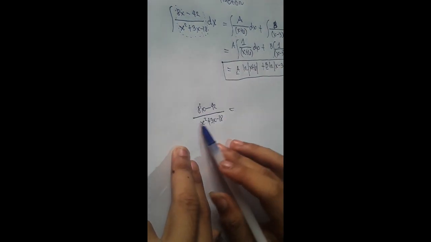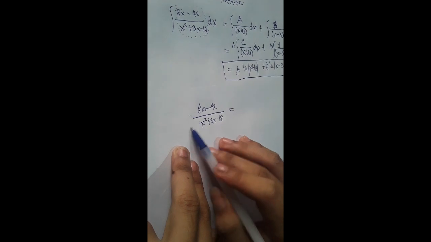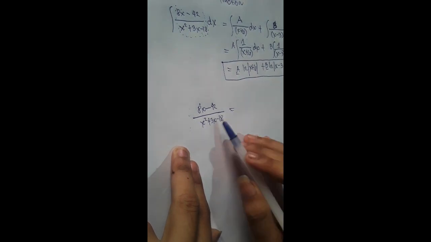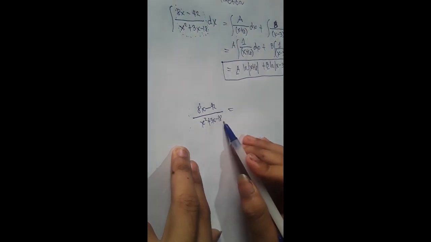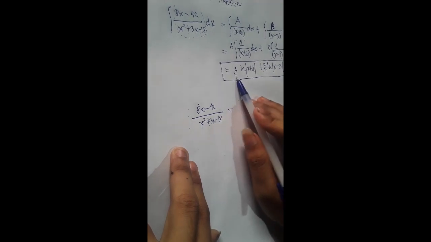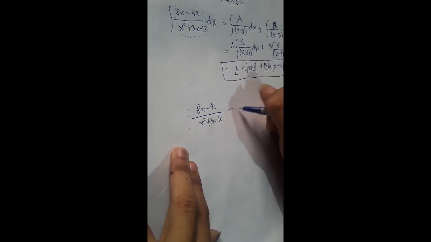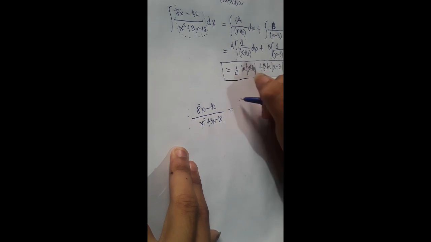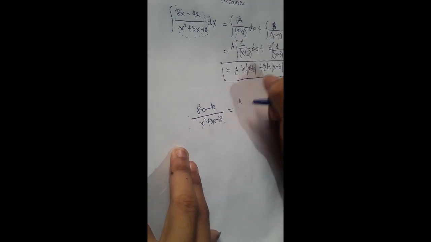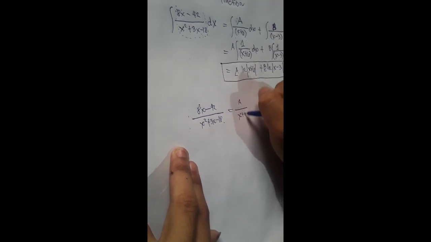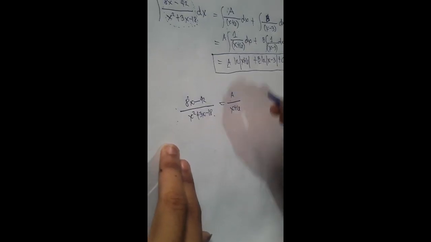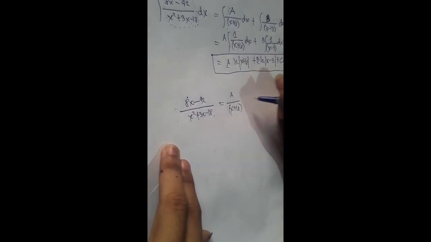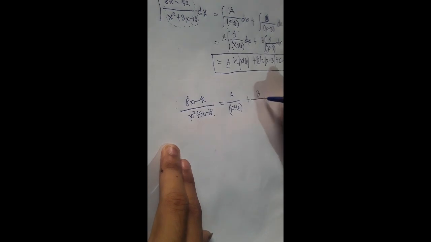We don't need to put the integral sign here because we are going to simplify in order to get the values of a and b. So this will be equal to a over x plus 6 plus b over x minus 3.